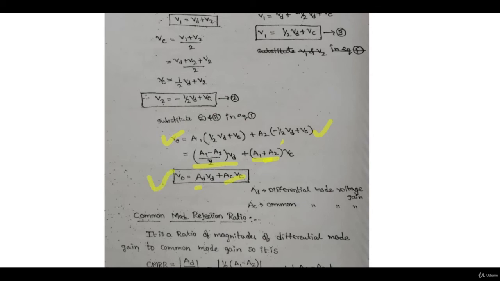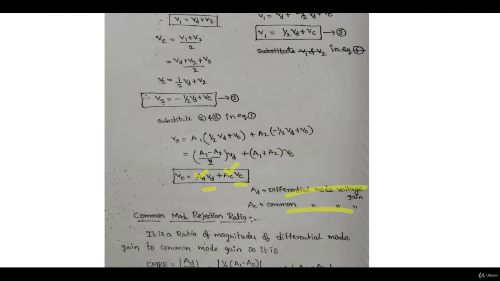This expression is very useful when you solve op amps. You will have to calculate the output with respect to differential mode as well as common mode, and the corresponding gains will be AD and AC. Okay, differential mode gain, common mode gain.